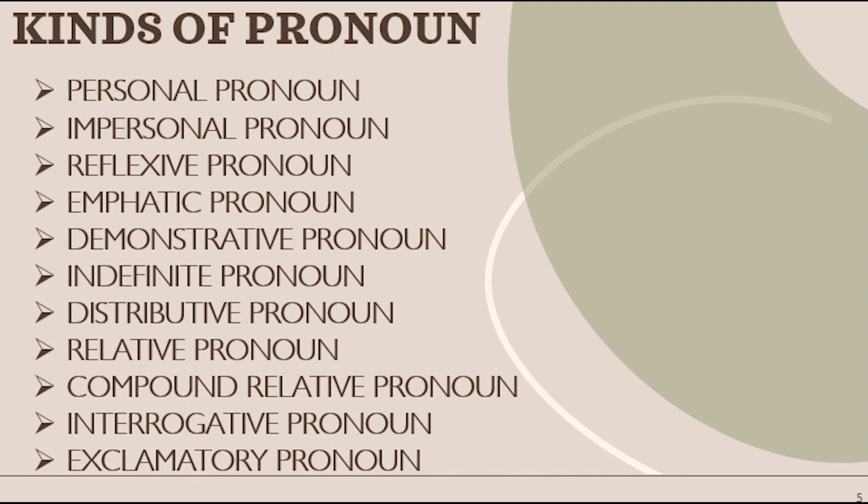Neither of the accusations is true. Now, in these sentences, we can see that each and neither are distributive pronouns. They point out one person, one thing at a single time. Like, each of the men received the reward. Either of you can go. Now, in these sentences, we can see that each, either, neither are referred to as distributive pronouns.